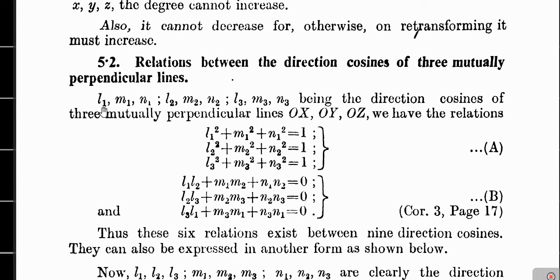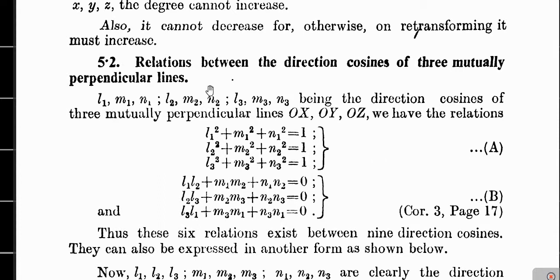Therefore we have L1 square plus M1 square plus N1 square equal to 1. Similarly, as L2 M2 N2 are the direction cosines of the second line, we have L2 square plus M2 square plus N2 square equal to 1, and for the third line we get L3 square plus M3 square plus N3 square equal to 1. So like this we have obtained the first system of equations, A.